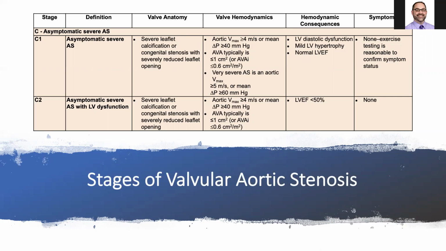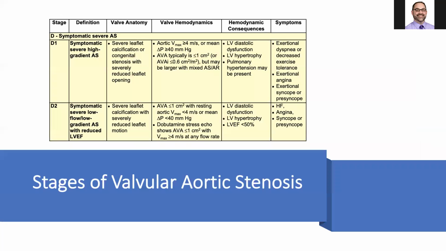So sometimes in C1, they have just some exercise-induced symptoms. In C2, you could see they have some hemodynamic compromise with left ventricular EF less than 50. And then D, your symptomatic severe aortic stenosis. So they have exertional dyspnea, angina, they can have syncope or pre-syncope.